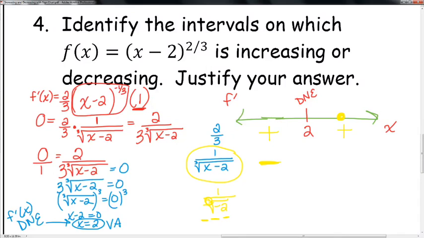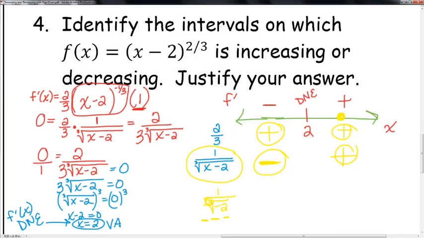And so the cube root of 8 is 2, so it's 1 over 2, which is a positive answer. And so a positive times a negative gives me a negative. A positive times a positive gives me a positive.